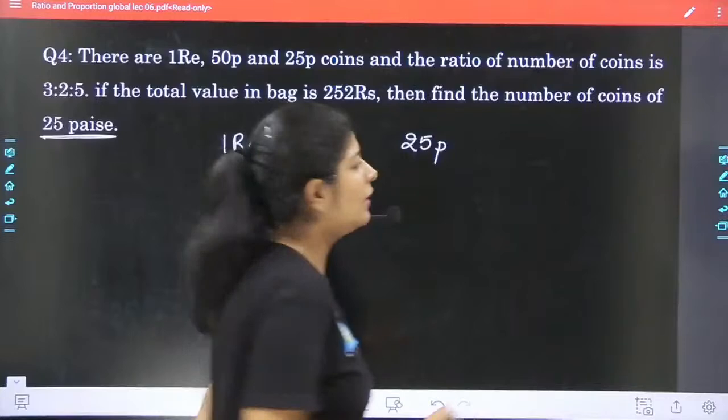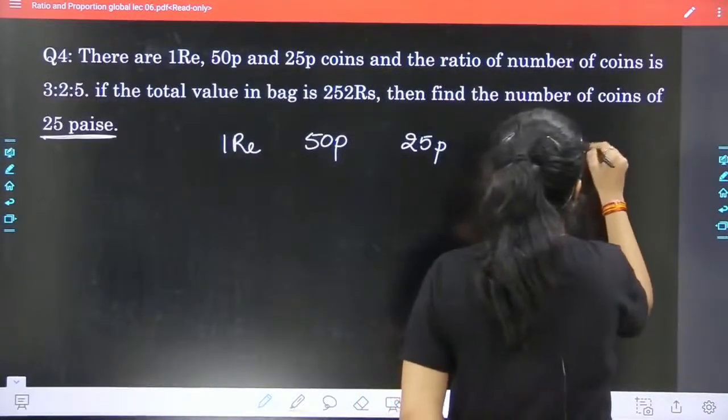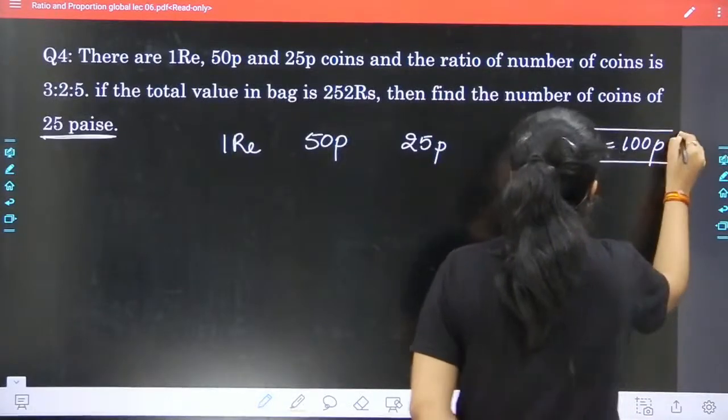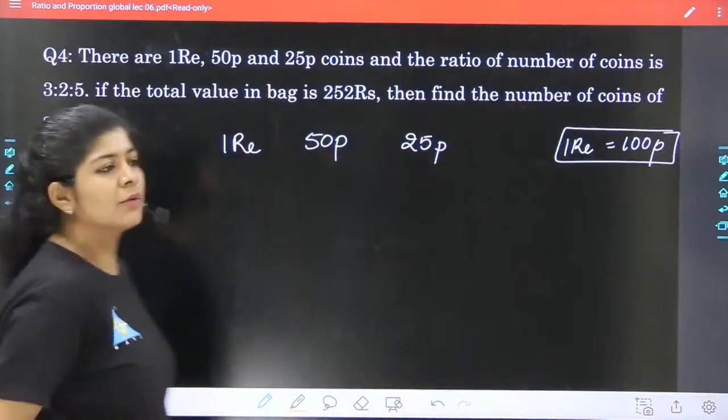And we all know 1 rupee is equal to 100 paisa.